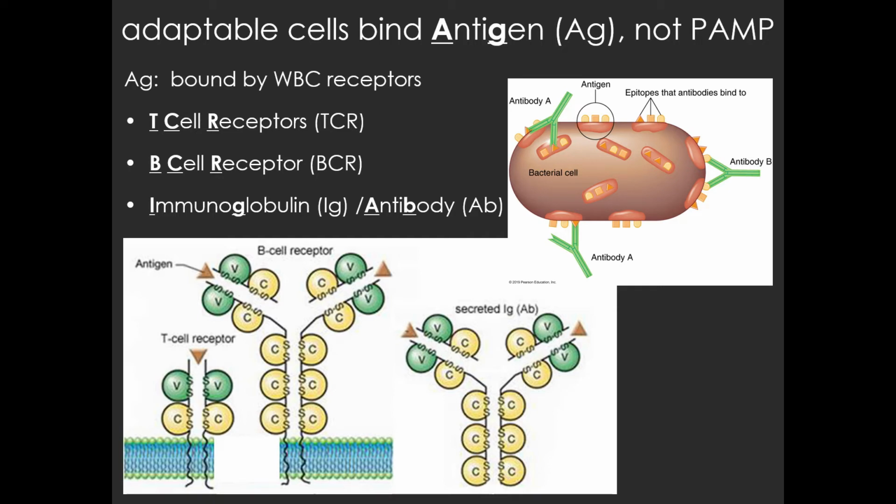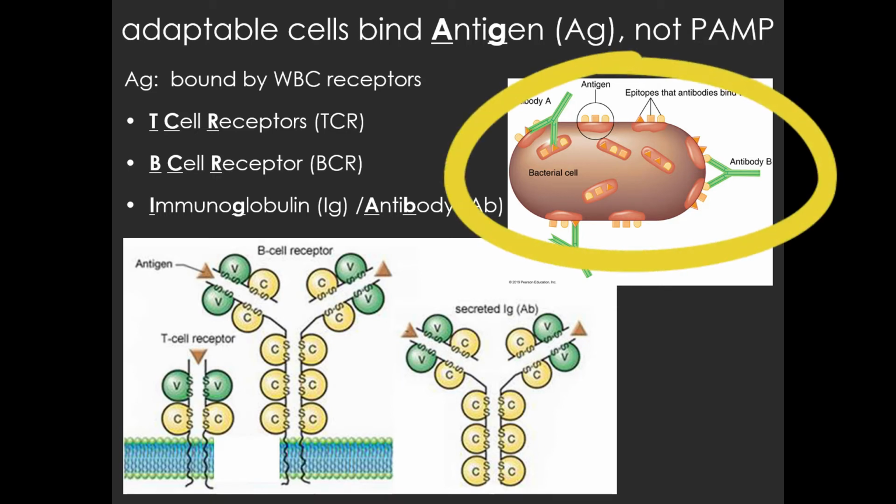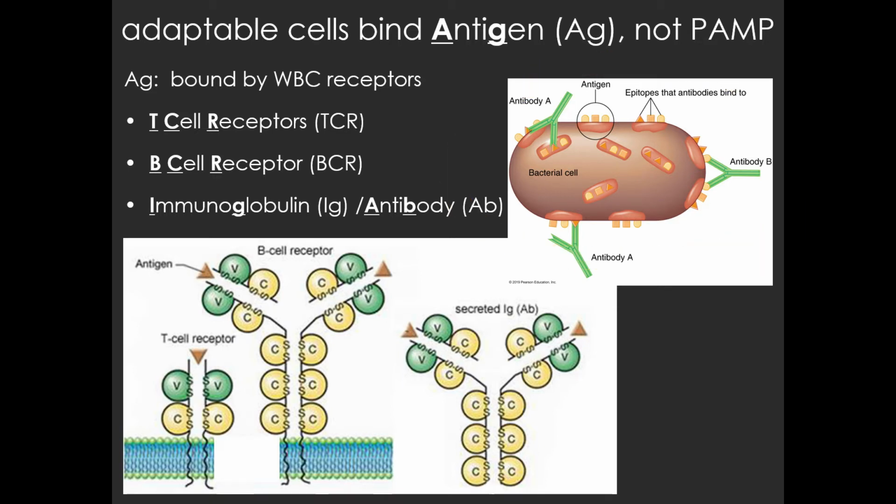So if you look at the top right-hand side here, we have a bacterial cell with a couple of different things on its surface, any of which would be recognized as PAMP and bound by macrophages or dendritic cells. But if you look closely, the triangle-shaped, the square-shaped, and the rounded antigens are only capable of being bound by particular antibodies, right?